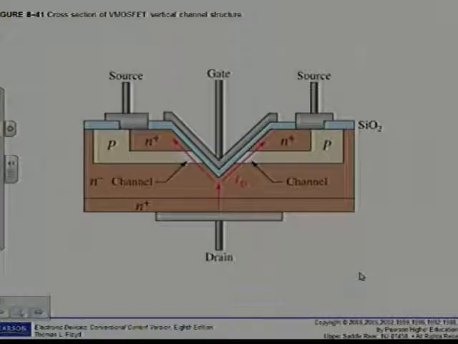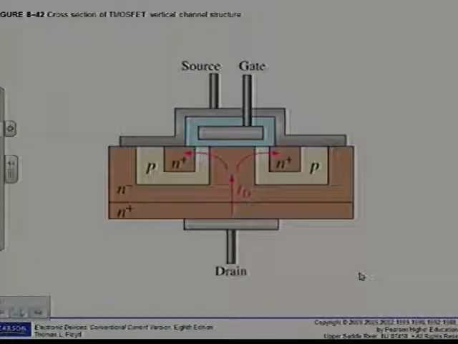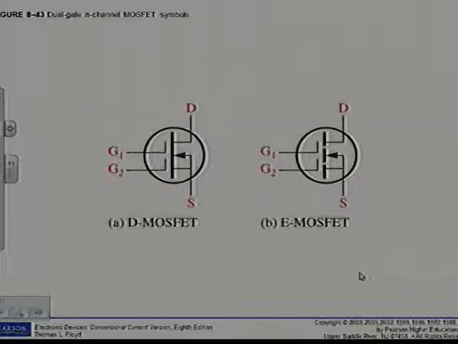There's the V-MOSFET. Why V? Because the gate has a V shape inside the material. And there we have the T-MOSFET. It looks like a T in the structure. Then they also give us the dual gate MOSFETs and the symbols for the dual gate MOSFETs, one for the D-MOSFET and one for the E-MOSFET.